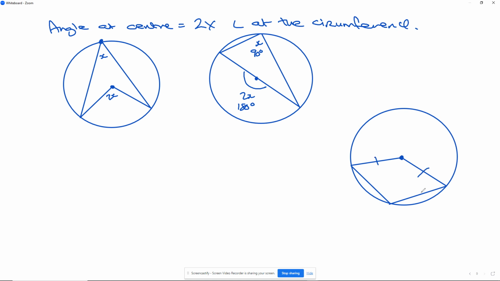Those two are equal, by the way. That's the radius, right? And let's say this angle over here is, let's say, 200 degrees. And this one would be 100 degrees because the angle at the center is 2 times the angle at the circumference. Okay, so that will be your 2x and it will be your x over there. Angle at the center is equal to 2 times the angle at the circumference.